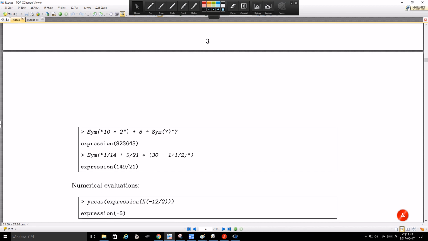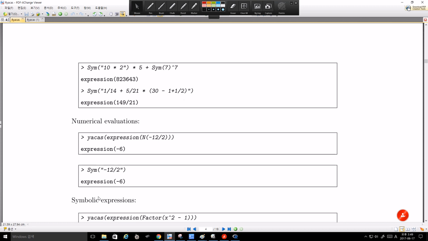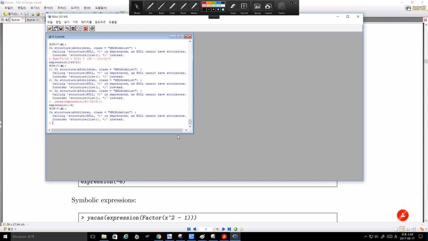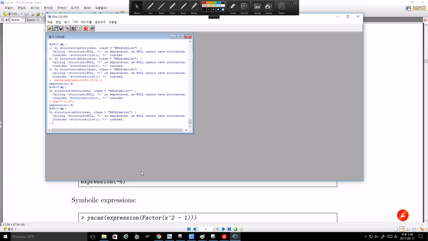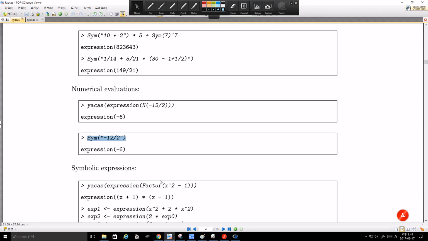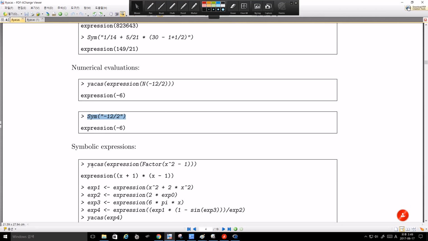And we can do numerical evaluation of the expression. This numerical expression, minus 12 over 2, is minus 6. So it can calculate numerical evaluation. Again, minus 6.